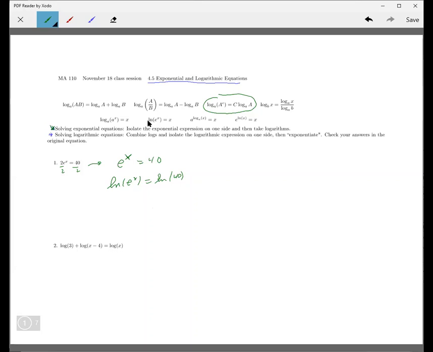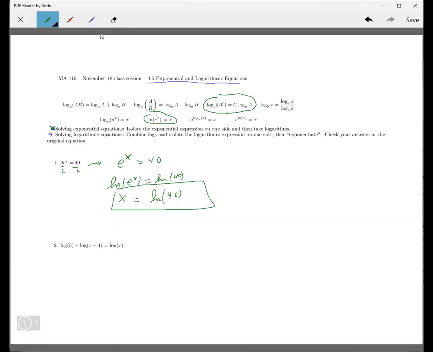We're going to use the inverse properties of logarithms, in particular the natural logarithm. This is just going to be x. And there you go, that's the answer. Let me write that better. x is the natural logarithm of 40.